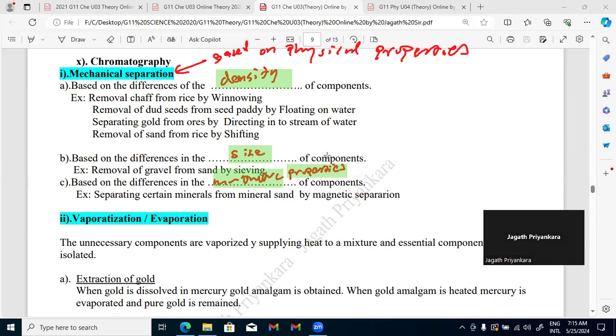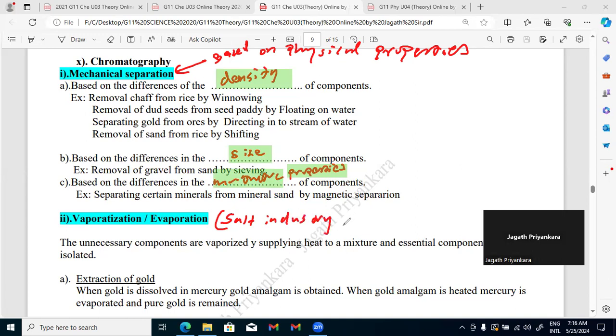Actually, in the salt industry we do this, and in the sugar industry we do this. If you want an example, within brackets, we use this separation technique in the preparation of salt and sugar.